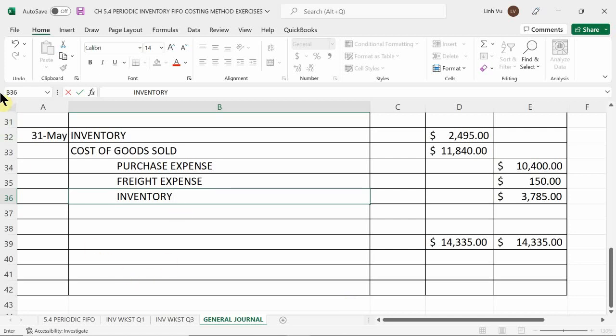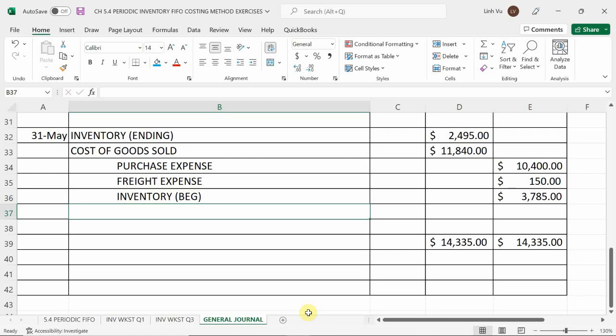Now, for this class and for practice purposes only, I'm going to allow you to put in an indication to let you know that ending balance comes first, beginning balance comes last, just so you're able to identify where you're putting your numbers in. So again, the first thing you're going to do when you have a debit for inventory is ending balance.